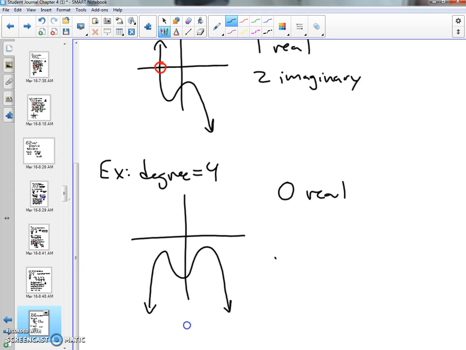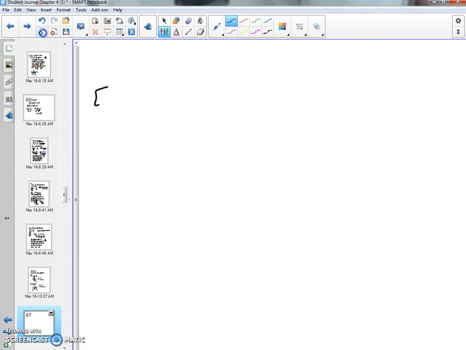So there would be 0 real solutions and 4 imaginary. Okay, so the degree is 4, there have to be 4 solutions. Does not touch the x-axis at all, so there are 0 real solutions. That must mean there are 4 imaginary. So let's look at an example of how we're going to actually figure out what these solutions are.